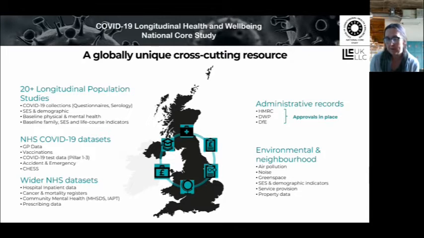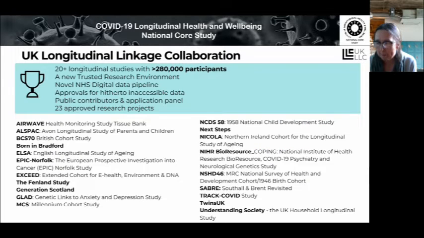There are also approvals in place to link in additional administrative records, so economic records from HMRC and DWP, and education records and school census data from the Department for Education. It uses a trusted research environment with secure remote desktop access to the data.